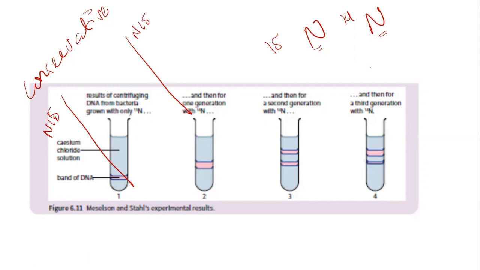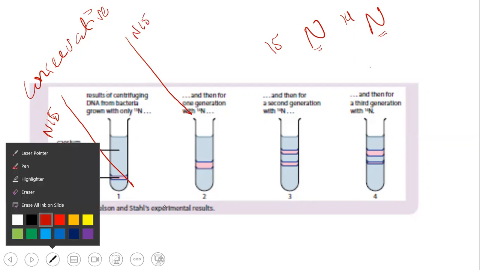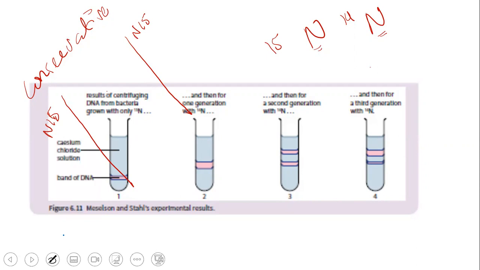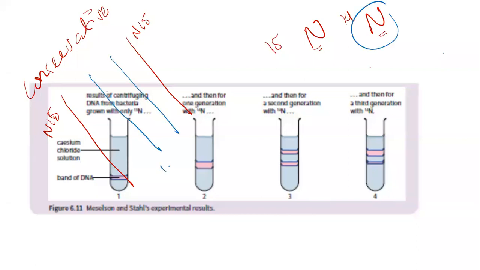The nitrogen 15 was just for the original strand, that is it. After that, they added nitrogen 14 into the mixture, so that when the new strand was made, the new strand was made of nitrogen 14.